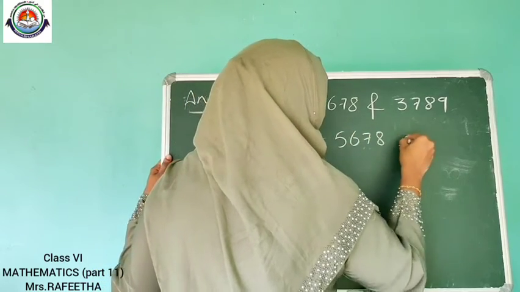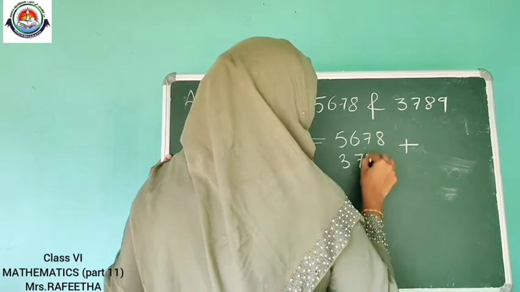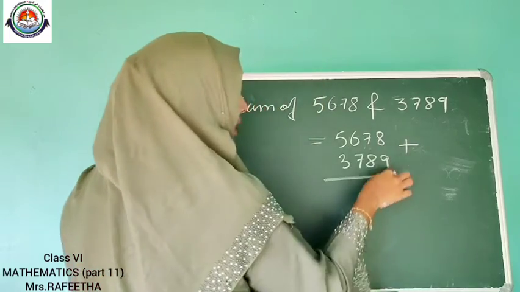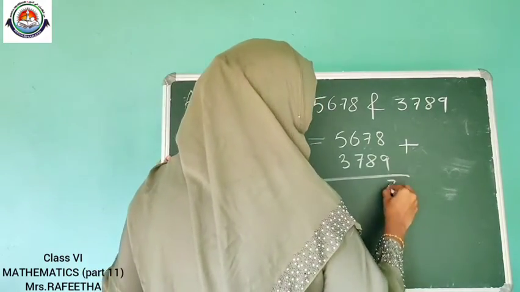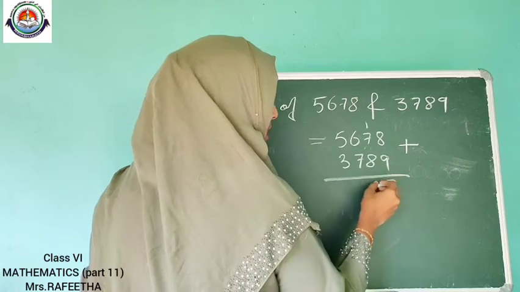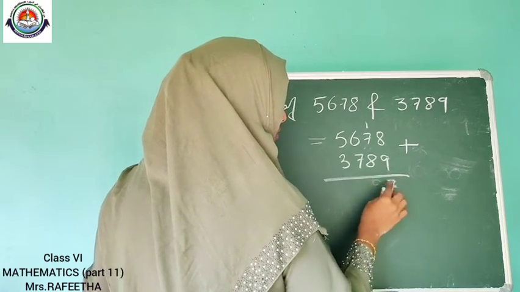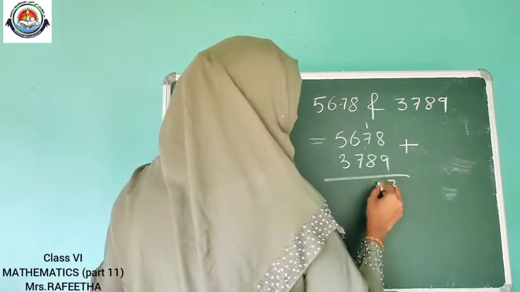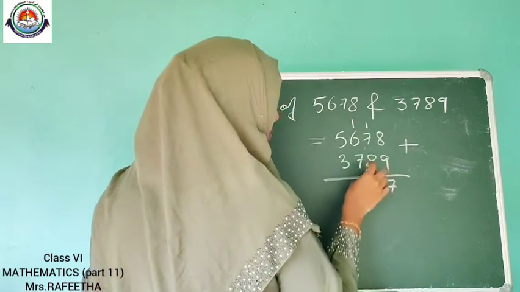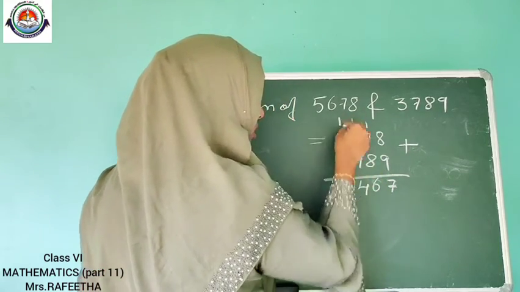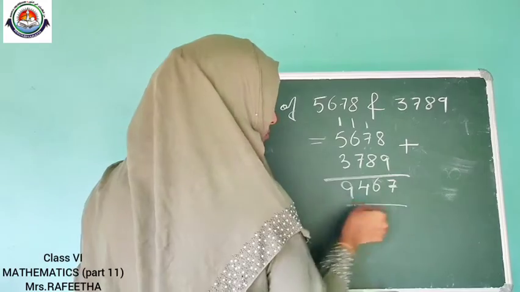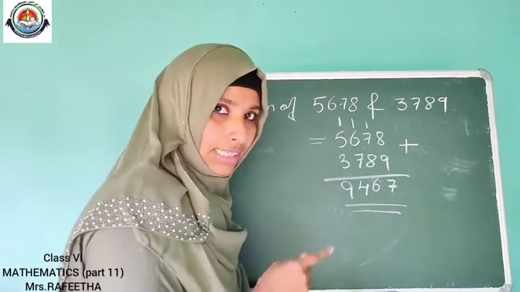The sum will be 5678 plus 3789. Sum means addition, that we know. 8 plus 9, 17, 7, carrying 1 here; 8 plus 8, 16, 6, carrying 1 here; 7 plus 7, 14, carrying 1 here; 9. This will be the sum. Is this the answer?